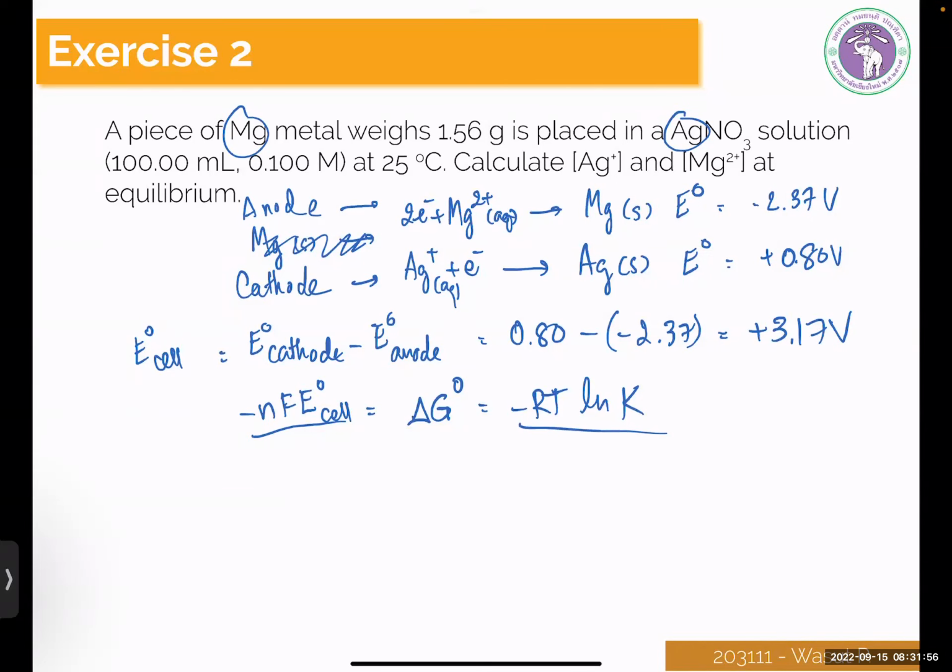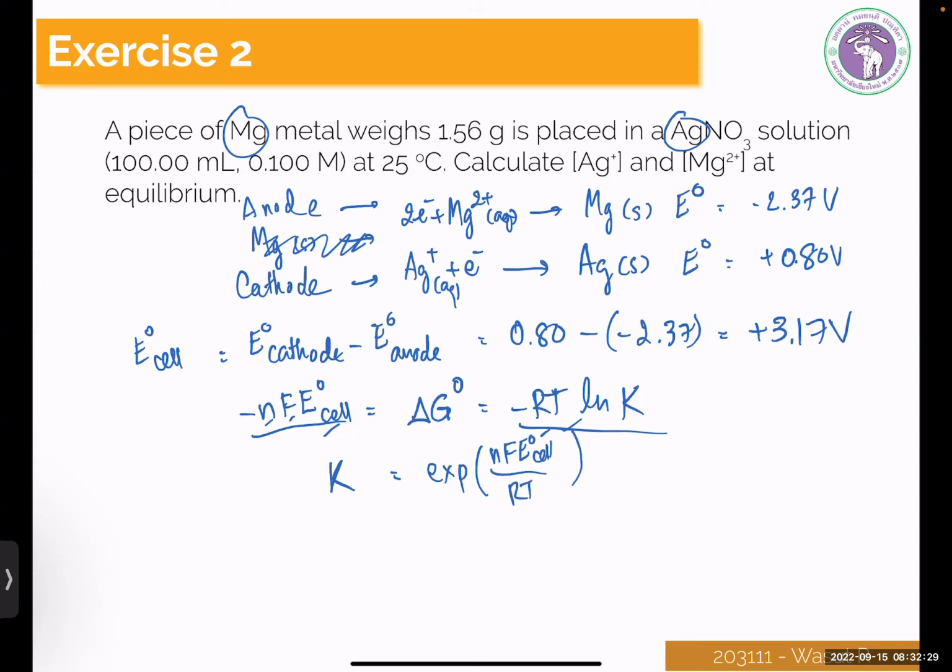Now I know n, F, E naught cell, R, and T, so of course I can calculate the equilibrium constant of this reaction. So K will be the exponential of nF E naught cell over RT.